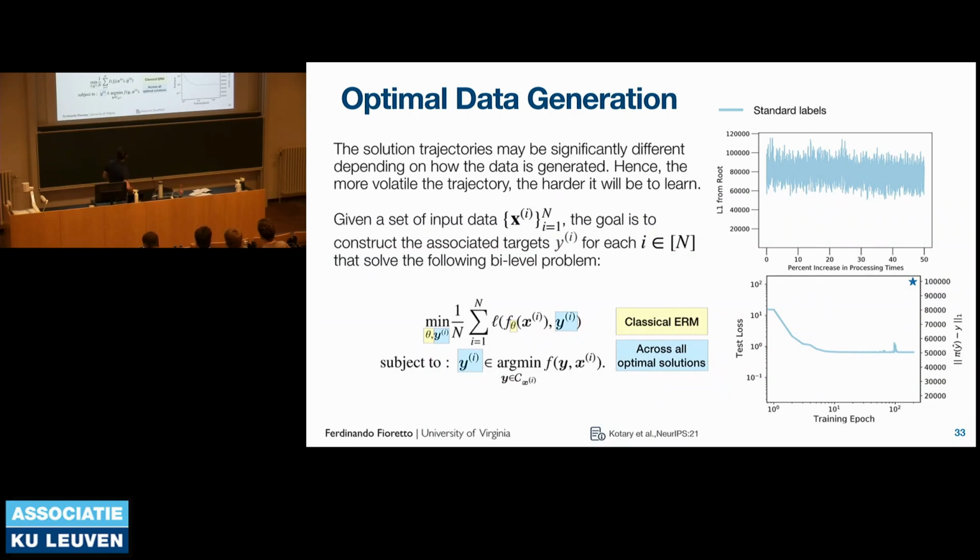What you want to do is find the best approximator, F of theta, such that my original optimizer, F, would do its job: find the optimal solution. Across all the optimal solutions you have many, you have symmetries. Choose the one so that you build a distribution of datasets that allow me to learn well.